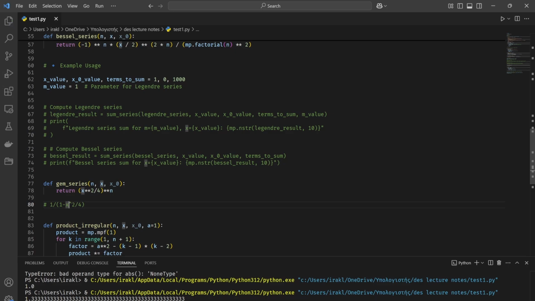Now, if you set x to 1, the denominator will give you 1 minus 1/4, so the denominator is 3/4, and the whole fraction is going to be 4 over 3, right? So at x equals 1, this gives you 4 over 3, which is nothing more than 1.333333, the result we got for x equal to 1. So this is indeed a very sustainable approximation, a very sustainable limit.